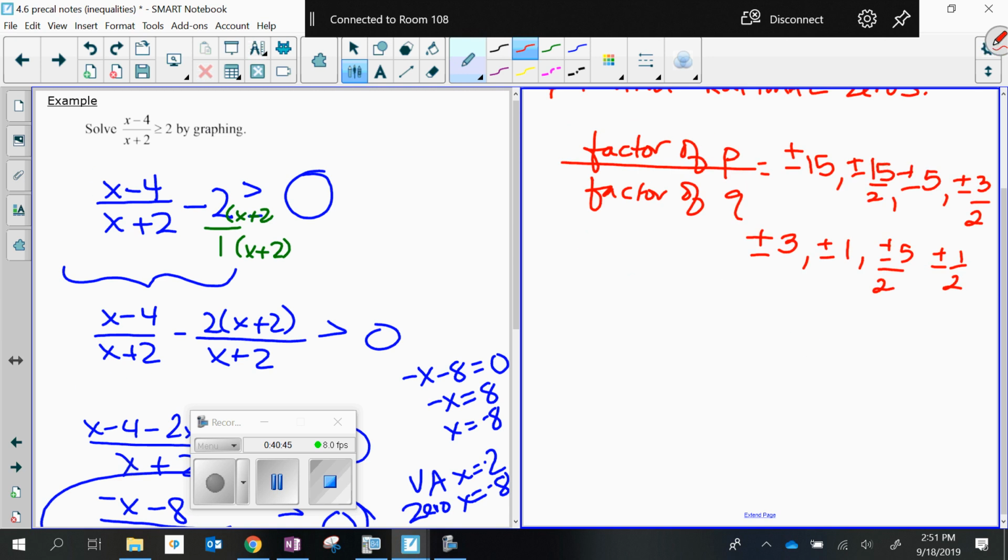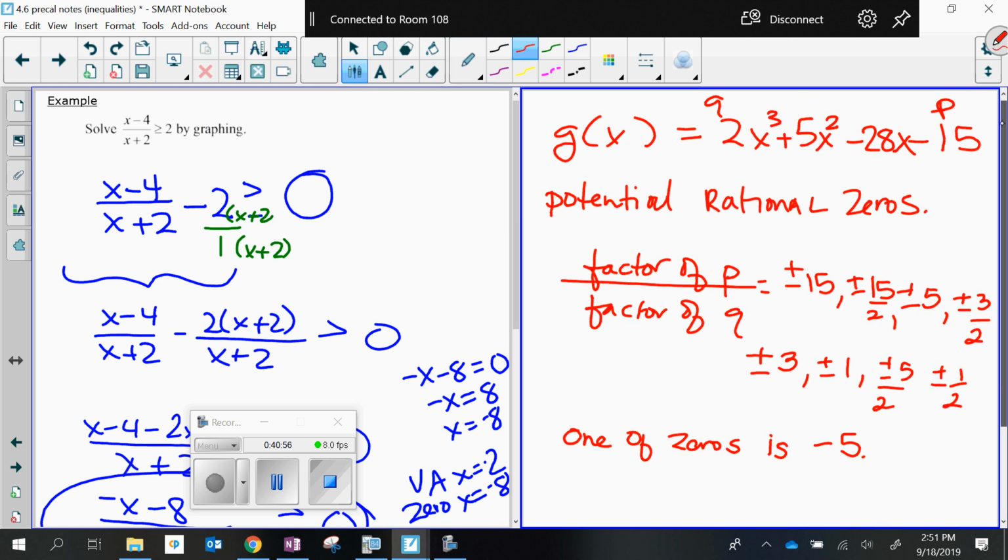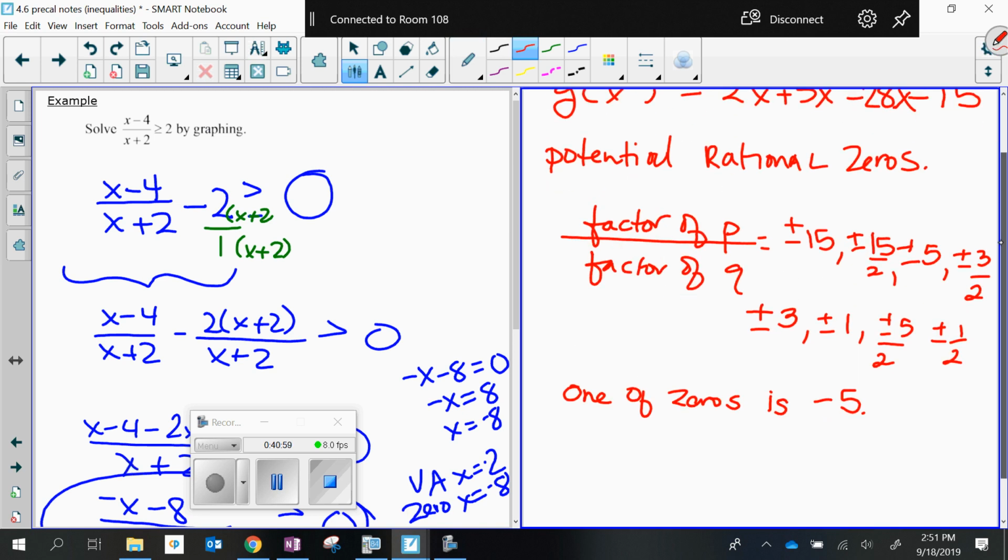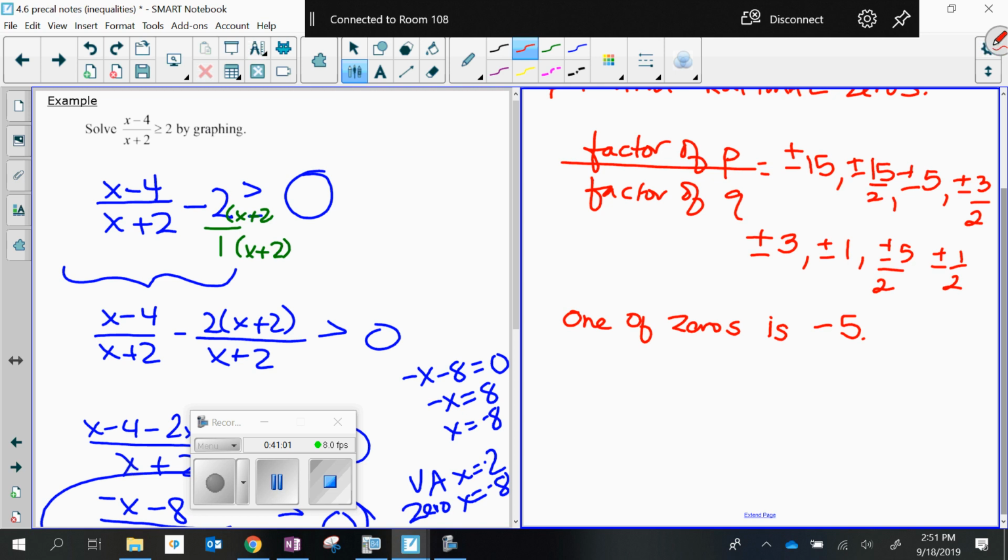All right, one of the zeros is -5. How many possible ones should I have? 3. Okay, so I'm giving you 1. Find the other 2.